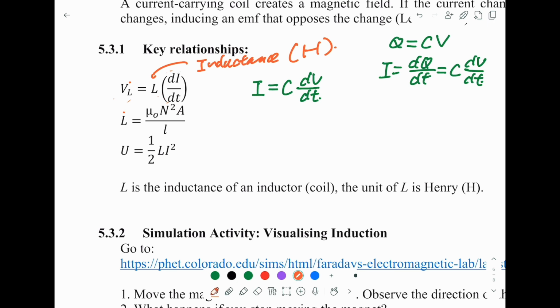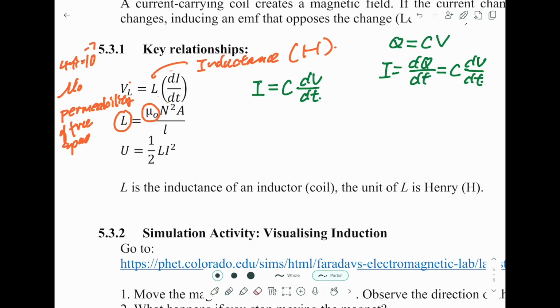Next, how to make an inductor. This is proportional to mu naught. Mu naught is called the permeability of free space, and it is equal to 4 pi times 10 to the minus 7.